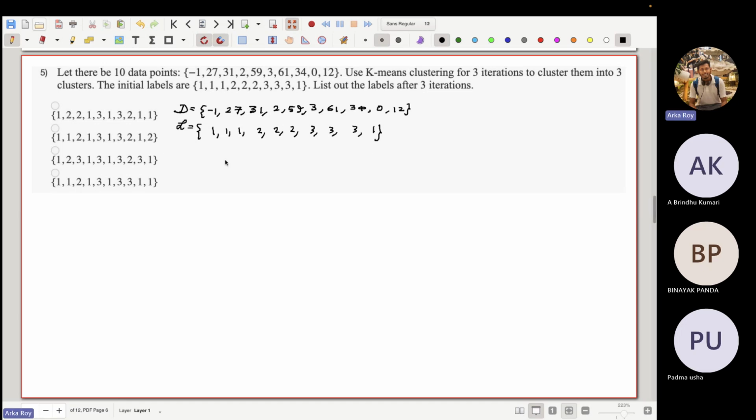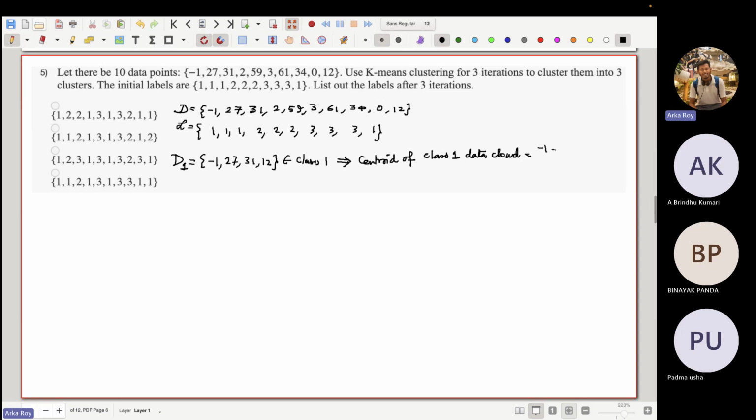So you have the data for class 1. I am writing data subscript 1 is -1, 27, 31, and 12, which belongs to class 1. This is the data cloud that they have given for class 1. So what would be the centroid of the class 1 data cloud?